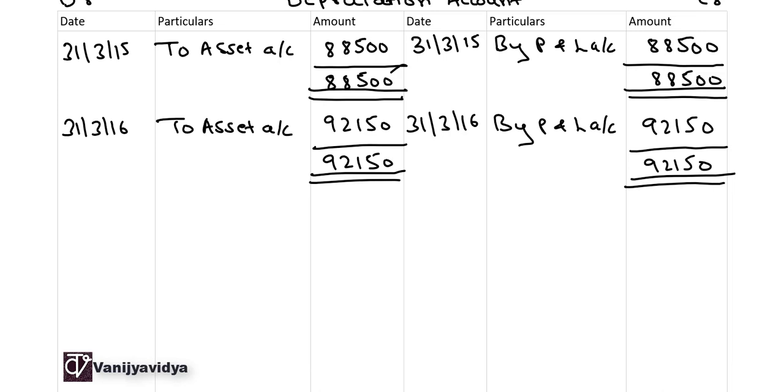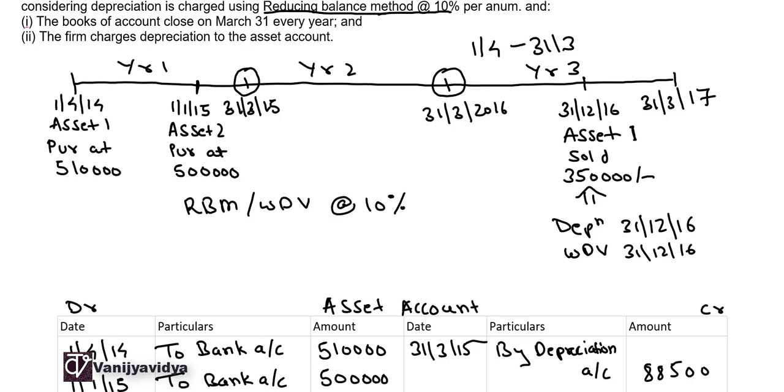Now let's see year 3. In year 3, on 31st December 2016, asset 1 which was purchased was sold for 3,50,000. So we need to record the sales proceeds received from the sale of the asset, and then we need to record the depreciation till 31st December 2016, and we also need to record the profit or loss on the sale of the asset as on 31st December 2016.